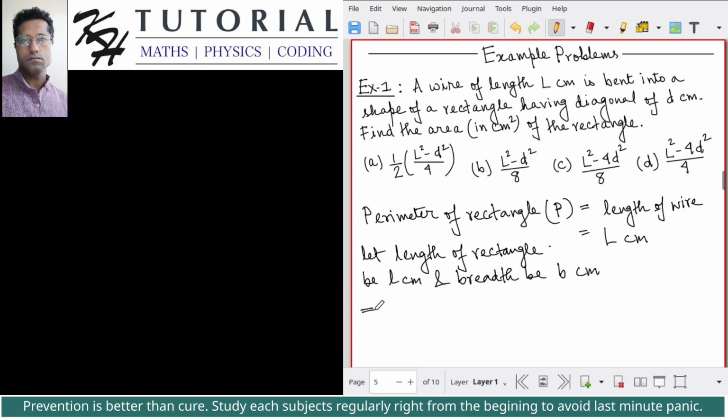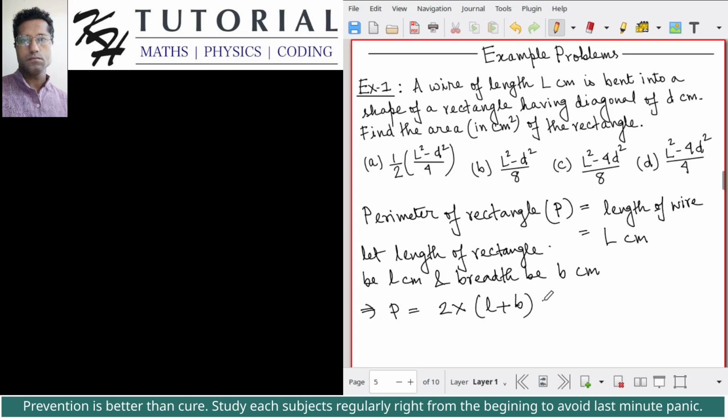So if we assume that small l is the length of the rectangle and small b centimeter is the breadth of the rectangle, then the perimeter of the rectangle will be, we know from the formula, 2 into (l plus b). This is the formula of the perimeter of a rectangle.